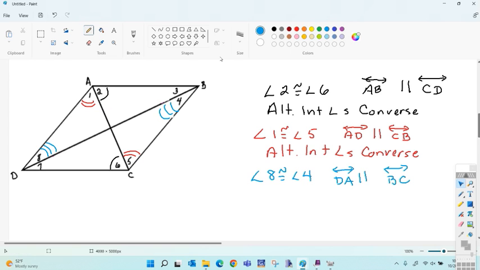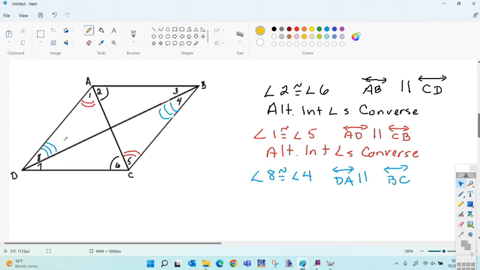All right, and then our last one. Angelina, what's the last one? Would it be an alternate? Yeah, they're all actually alternate interior angles converse in this particular one. So what makes them interior or exterior? Interior, okay, so here are our parallel lines.